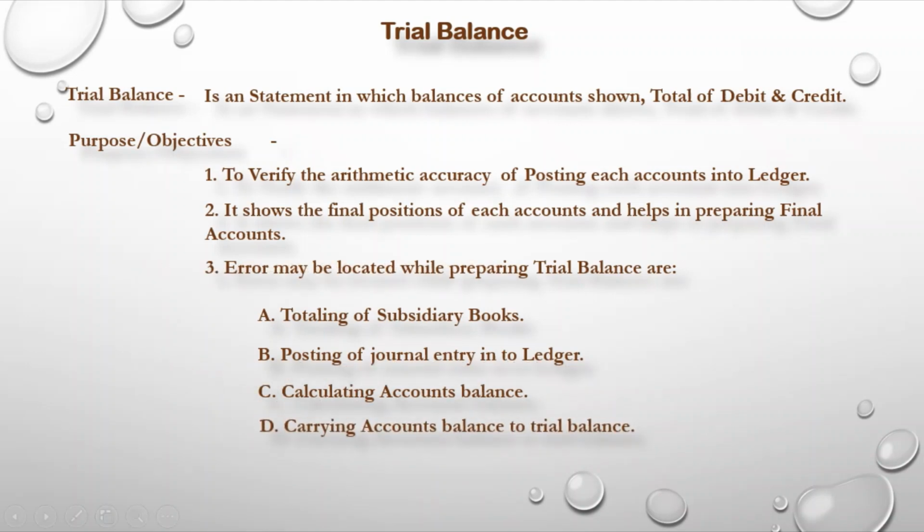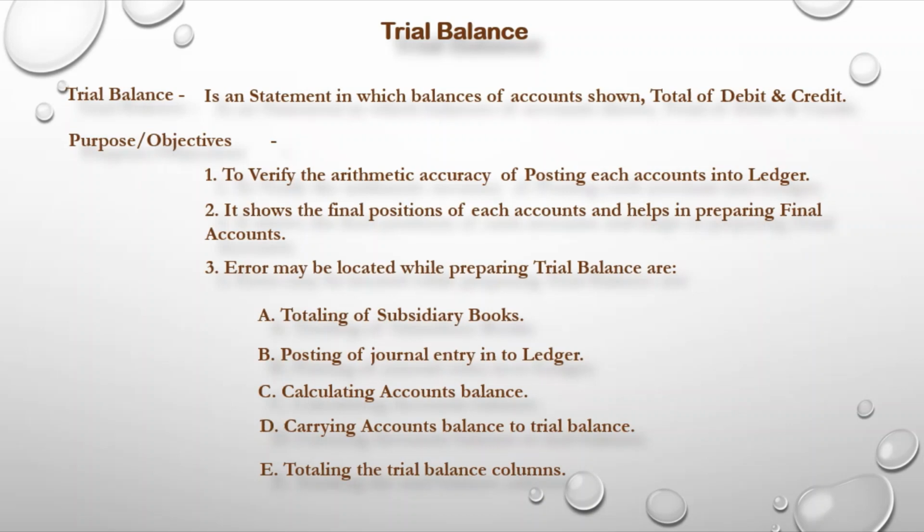And after computation of account balances, you have to put your account balances into the trial balance with the correct amounts so that your trial balance should match. And here that is none other than the debit and credit column balances.